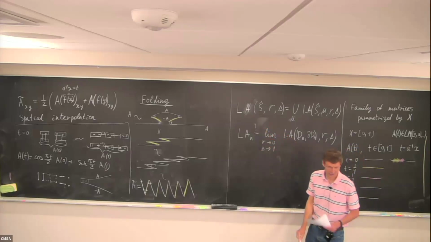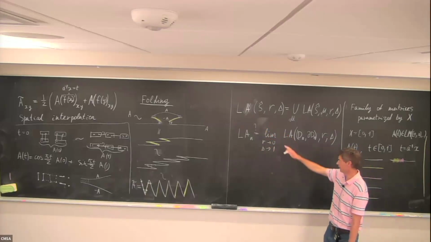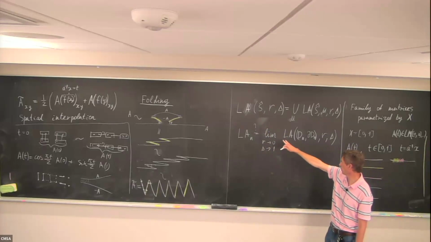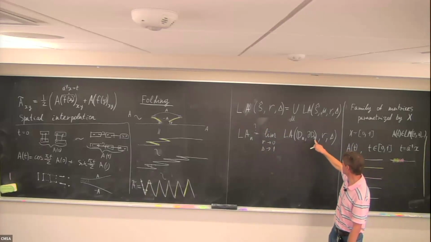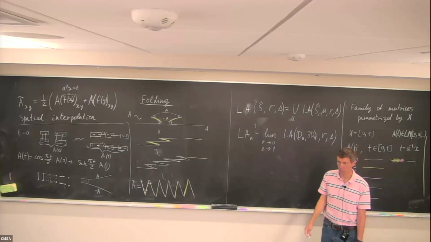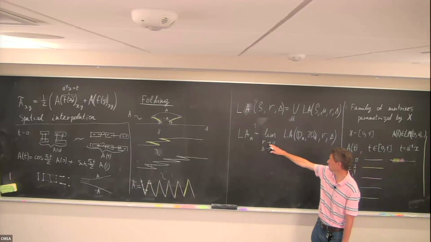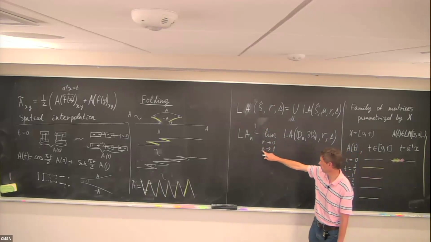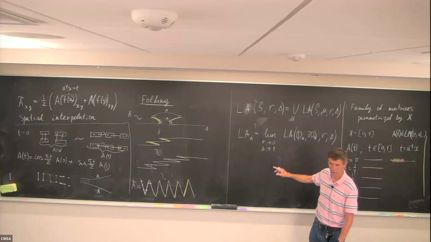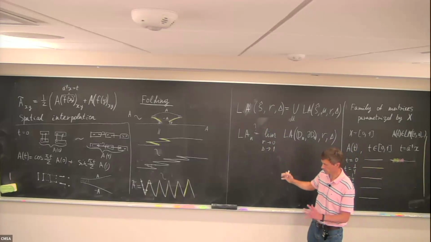Here there is a question mark because for each particular choice of R, n, delta, those spaces are quite irregular. When we take the limit, for example, when we take delta to 1, the space of matrices shrinks.